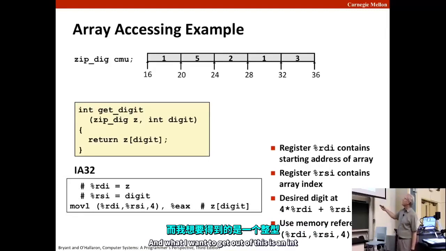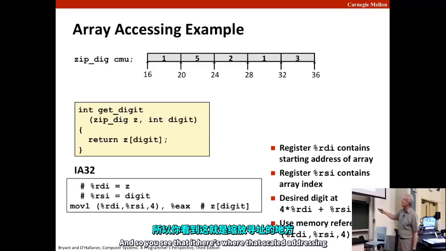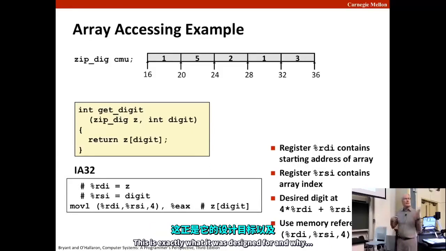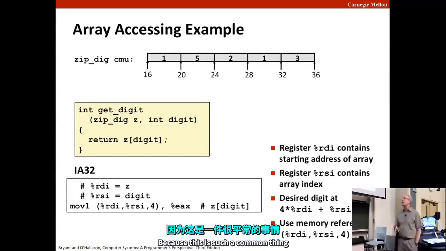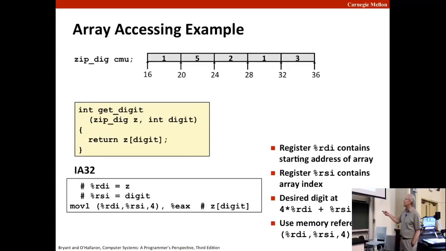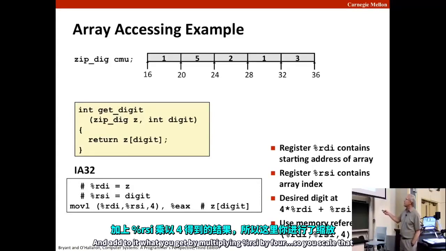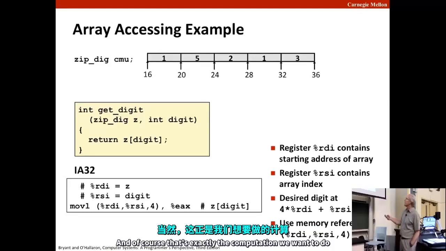And what I want to get out of this is an int. Here's where that scaled addressing comes in. This is exactly what it was designed for and why they went to the trouble of adding these fancy address modes to x86, because this is such a common thing. Remember, this says take RDI and add to it what you get by multiplying RSI by 4. So you scale that. And of course, that's exactly the computation we want to do.